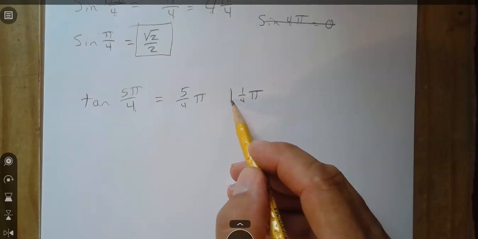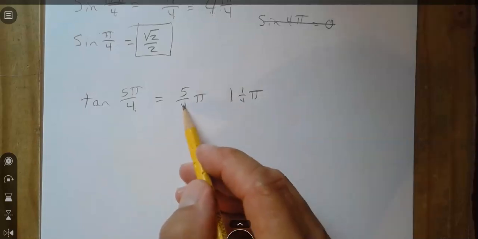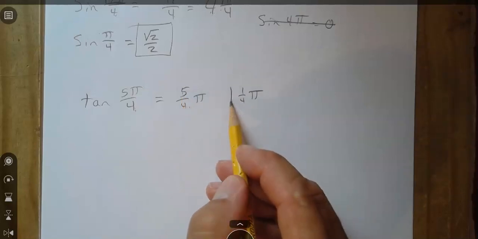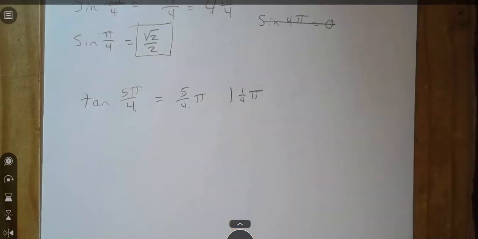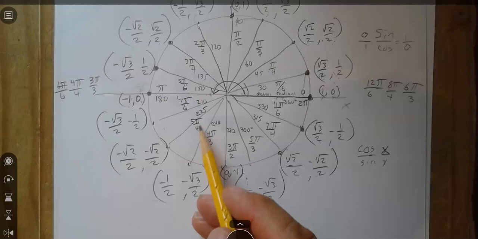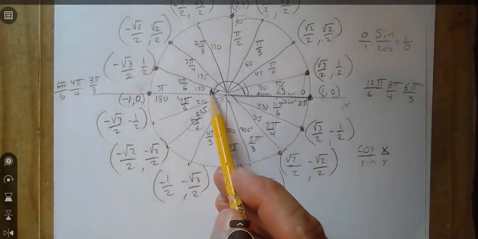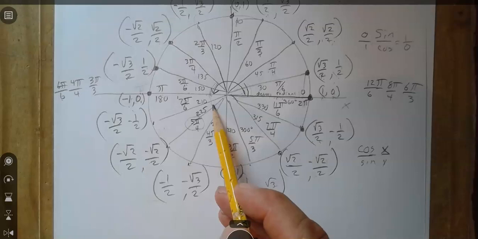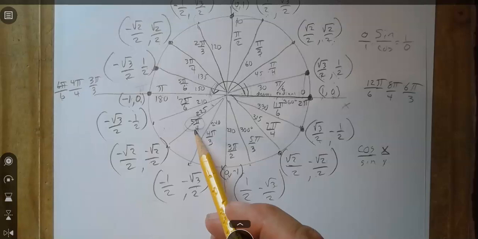I just have to figure out where I am on the unit circle. I'm going 1 pi plus 1/4 of a pi. And actually I have that in my unit circle, 5 pi over 4, right here at 225 degrees. So I go 1 pi, and then I go pi over 4 more.